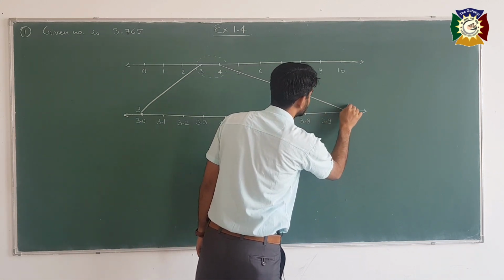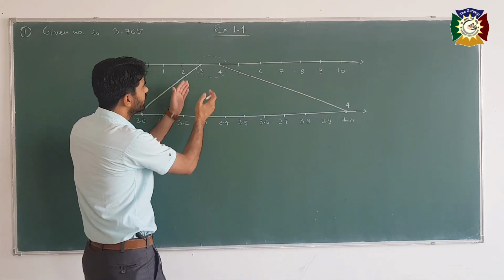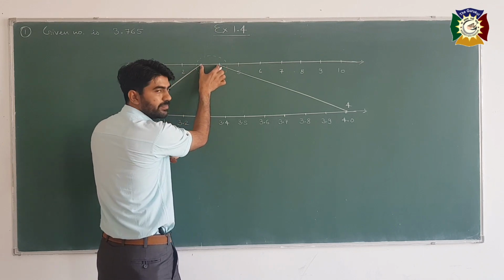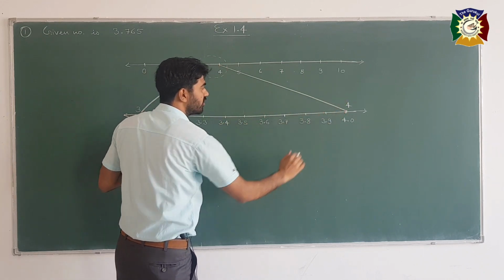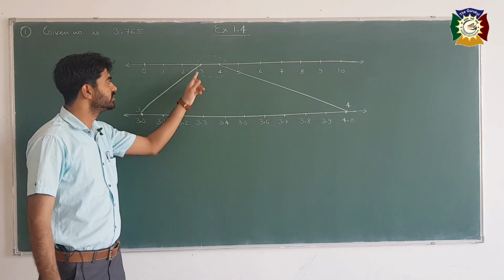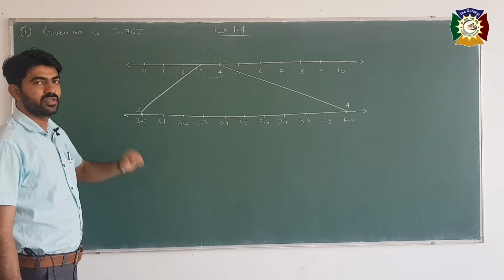It means we have magnified this gap and seen what all the numbers are there between 3 and 4. Now again we will check our number.